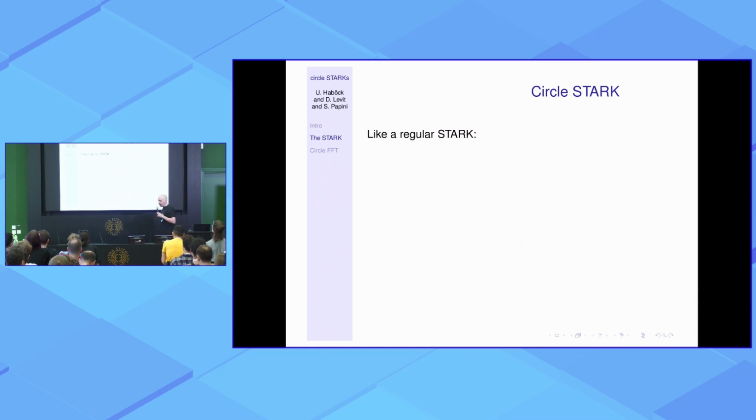So, how does it work? It's a regular STARK. Like a regular STARK, there's almost no difference. I already said everything, but just for clarity, let me recap. Your trace domain, that's where you put your data, is a subgroup on the curve, or a coset of it.